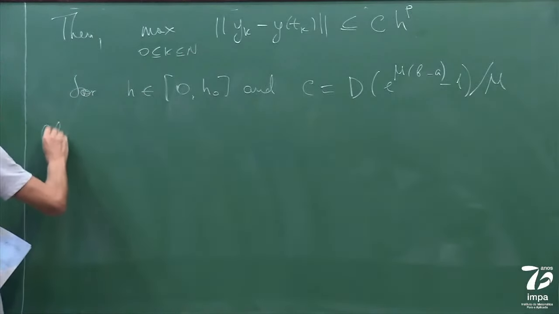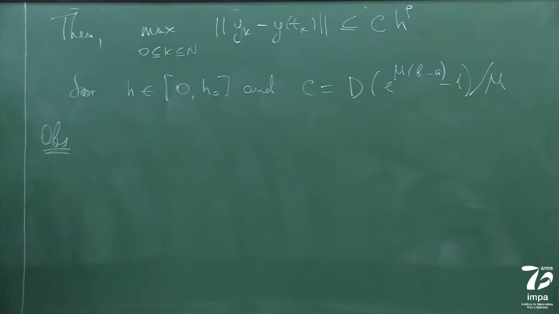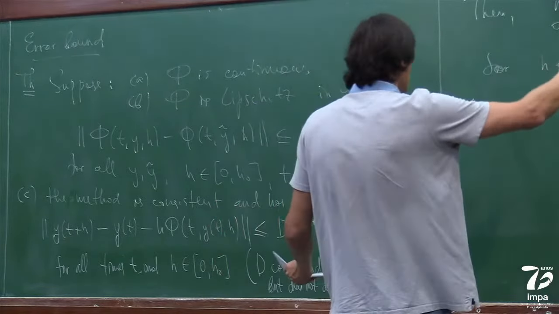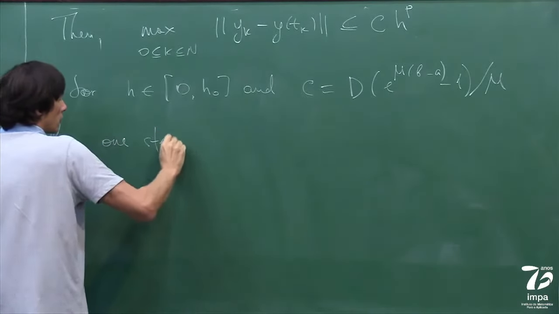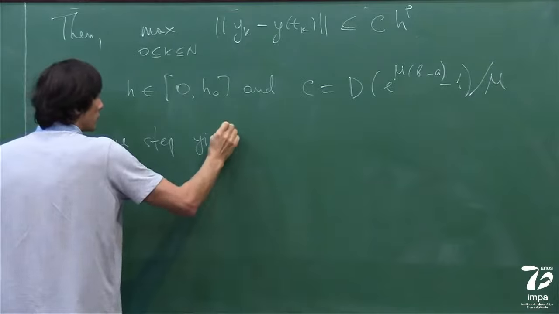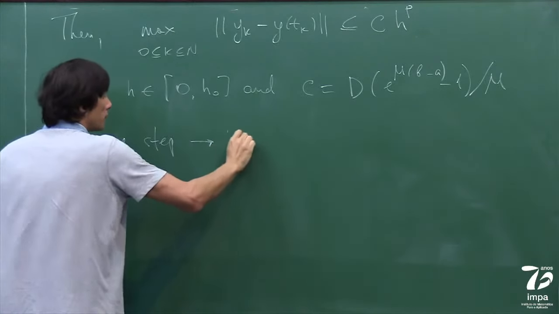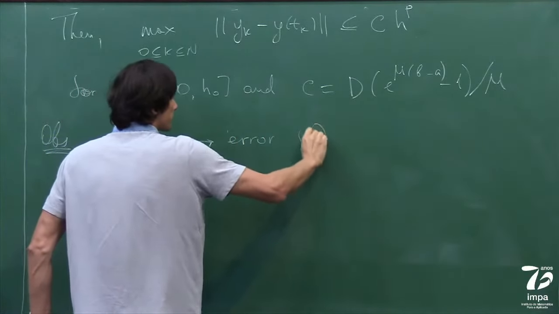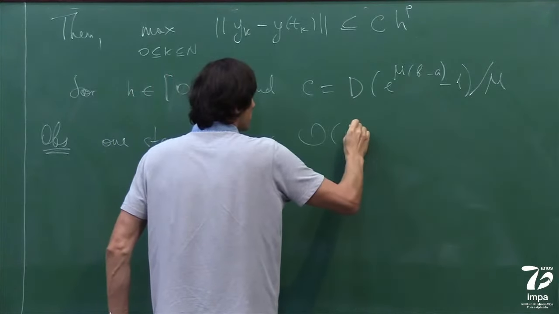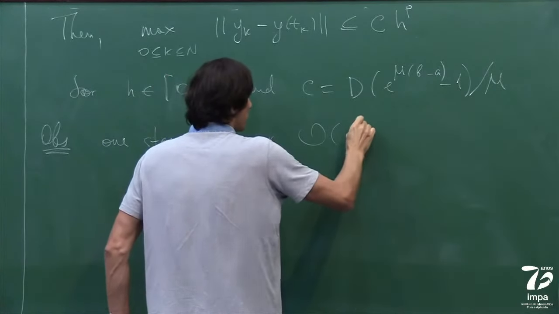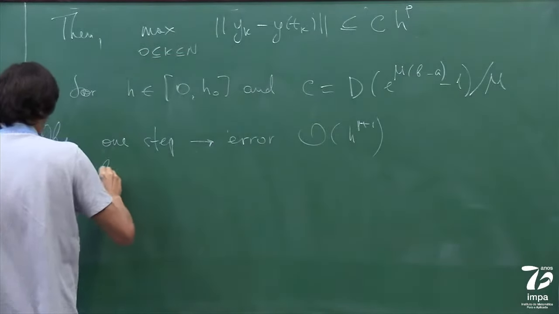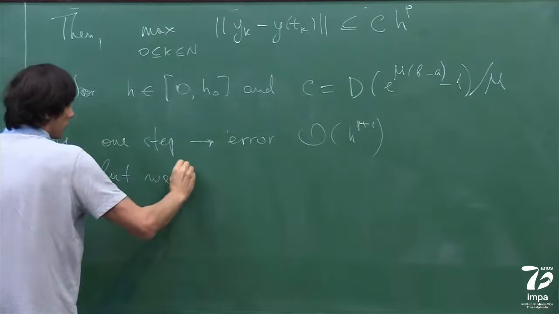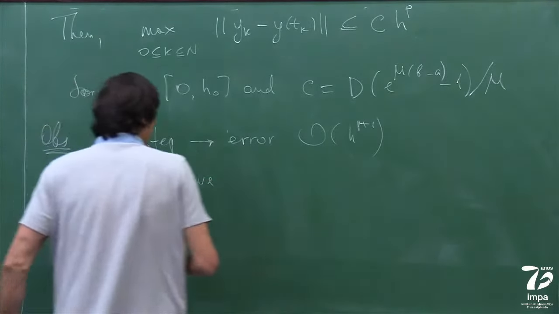The observation you can make about why p plus 1 and p is that one step gives the error of order h^(p+1), but how many errors do we have?